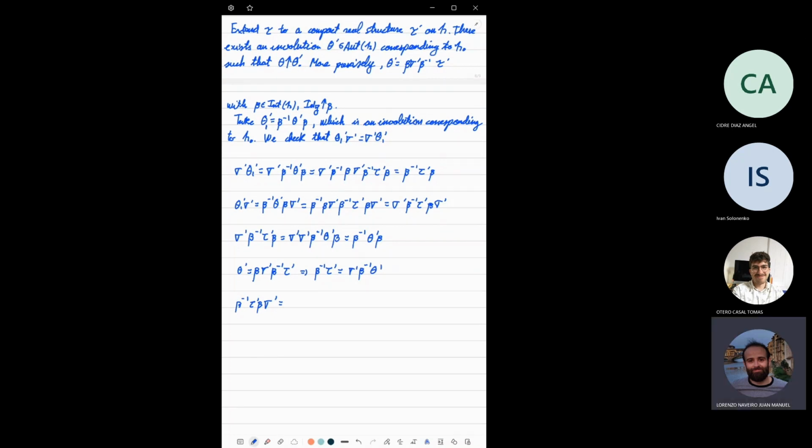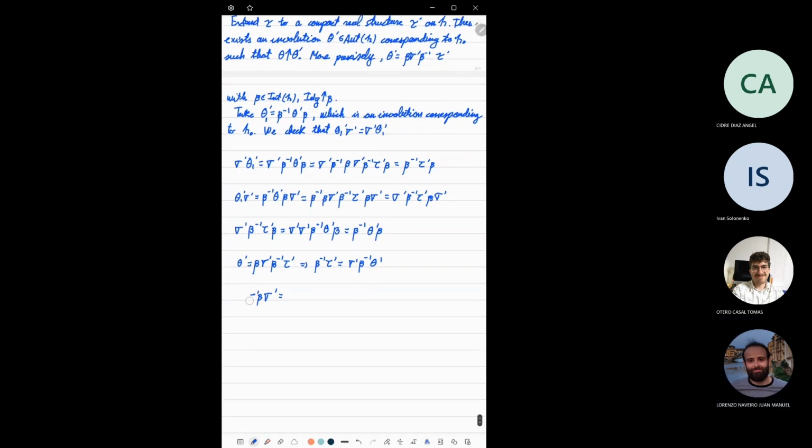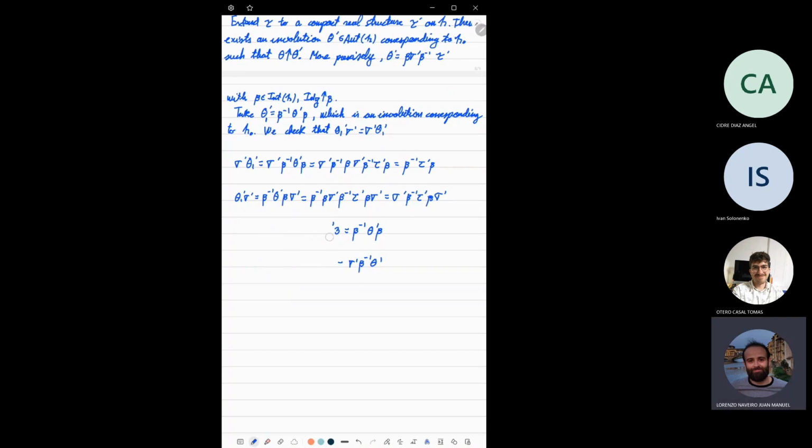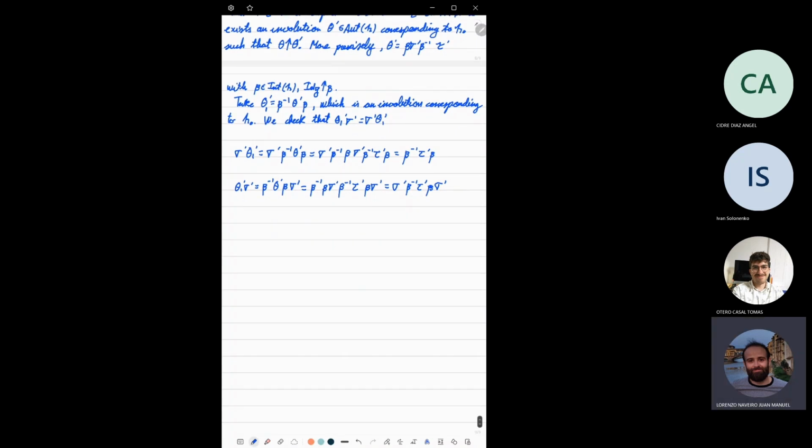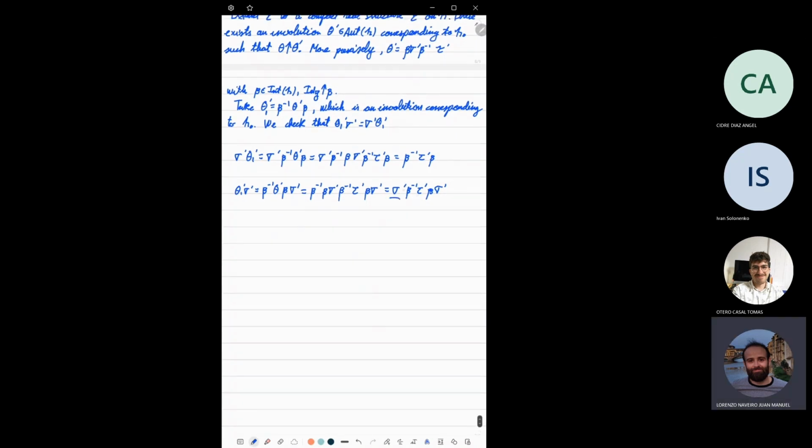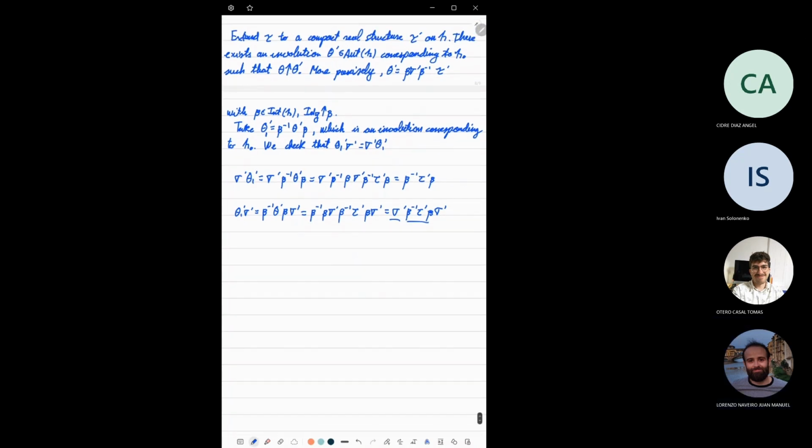and I can't seem to remember how this went. So I'll just take note of this, and for the next session I will simply tell you, because the fact is that sigma prime and this conjugate do commute, and this comes from the fact that theta prime commutes with tau prime. And I know it follows directly by taking the adequate conjugate, but now I can't seem to remember it.